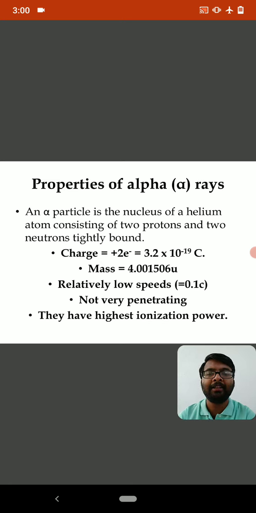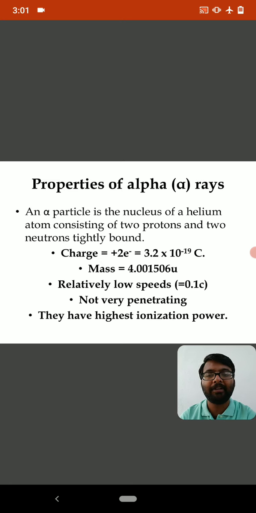Then these alpha particles are not very penetrating, means the penetration power of these alpha particles is very much less in comparison with the other nuclear radiations, but they have highest ionization power, means they can easily ionize the air molecules.